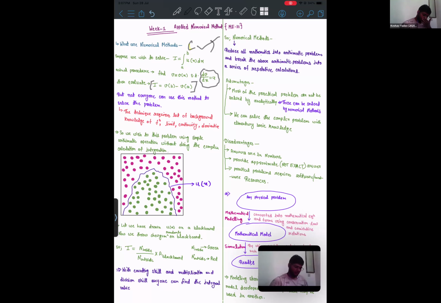So is it possible to solve this using elementary arithmetic operations like subtraction, division, multiplication, counting?